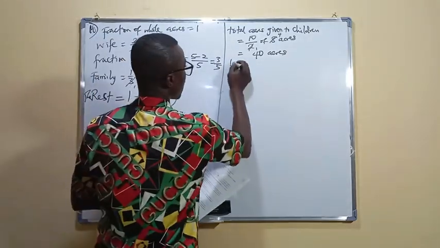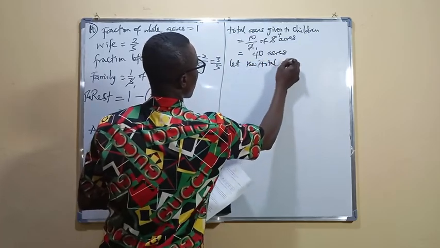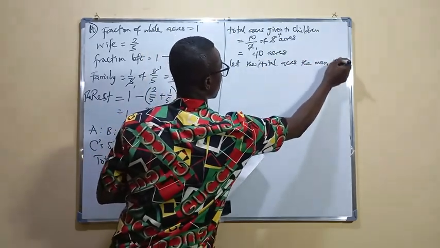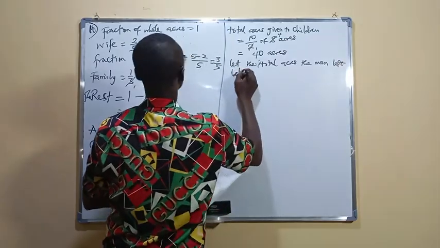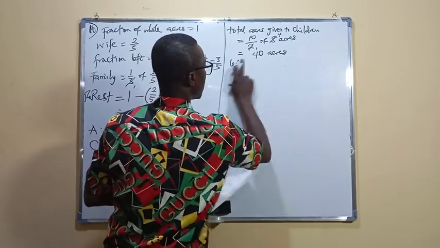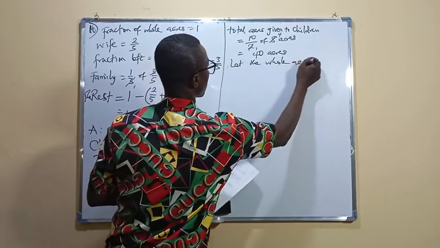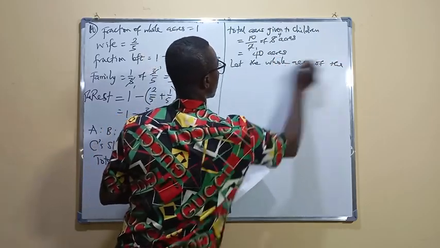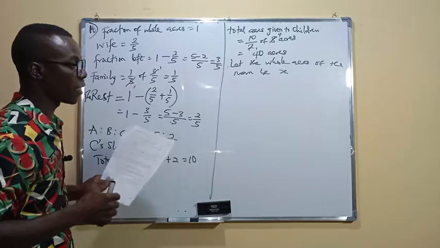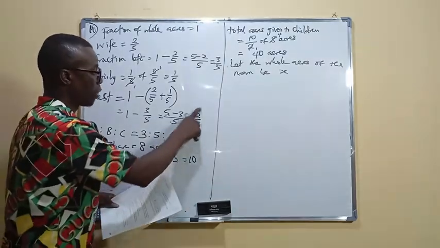So here I can say, let the total acres the man left behind, or let the whole acres of the man, be X. Now, if the whole acres of the man is X, we can find that using this information.